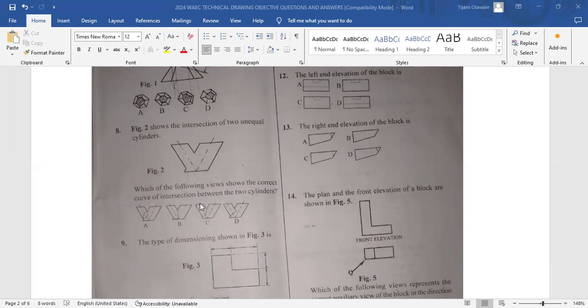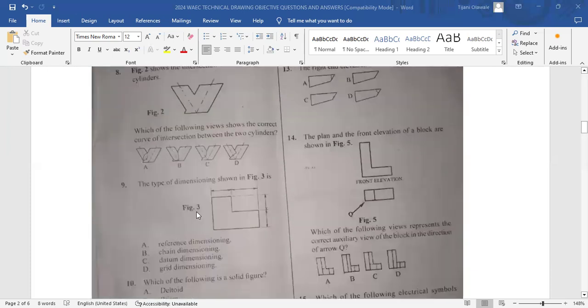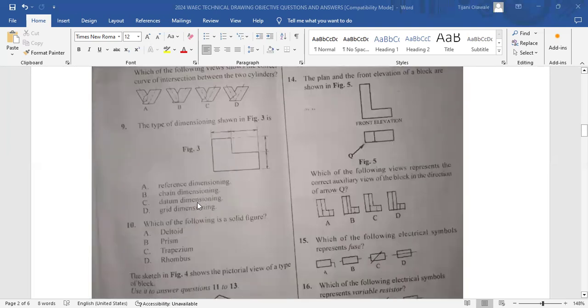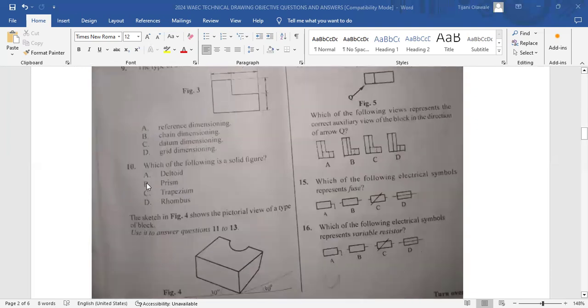The answer is option C. Question 9, the type of dimensioning shown in figure 3 is chain dimensioning. That is option B. Then question 10, which of the following is a solid figure? A prism is a solid figure. That is option B.